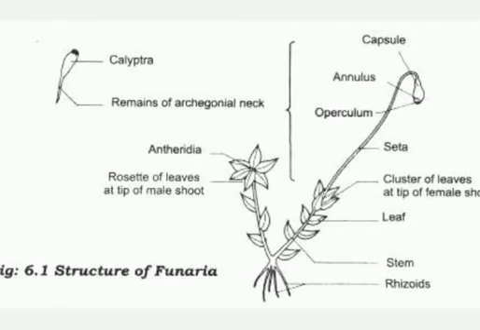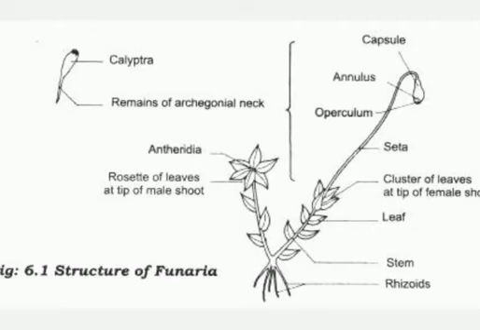Now the structure of Funaria is the pseudostem is divided into 2 parts. The first one is the male part, or the second one is the female part, or you can say male shoot or female shoot. Now, at the base, proper roots are not there, whereas multicellular hair-like structures are there, which are called rhizoids.